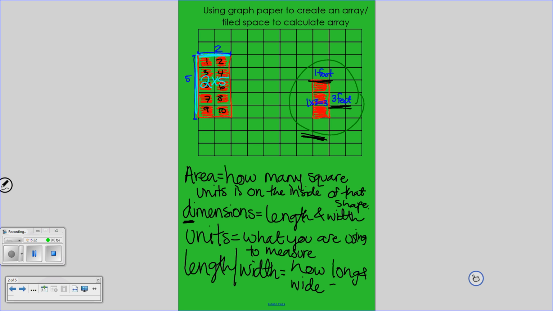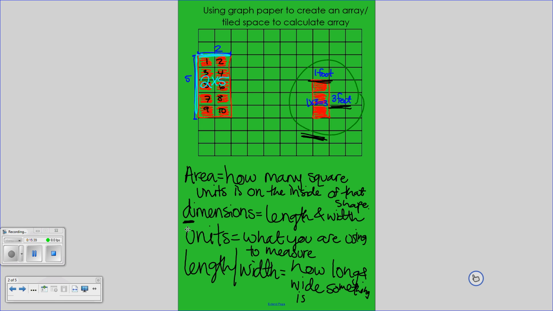How long and wide something is. And a lot of people will tell you length starts with an L, so length is always how long something is. Width starts with a W, so width is always how wide something is.